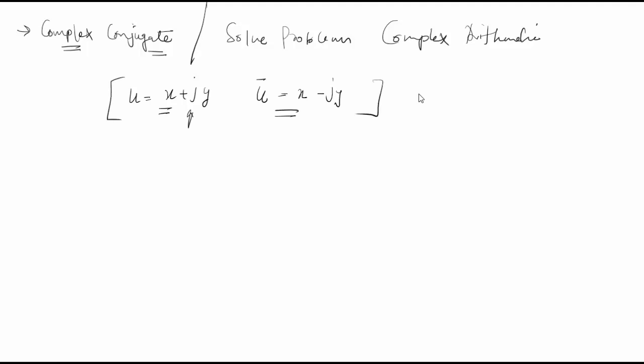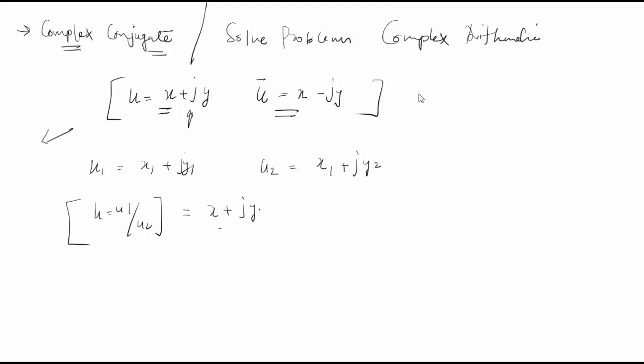And in the last video, when you are doing a product or division of complex numbers, suppose u1 is a complex number given by x1 plus jy1, and u2 is a complex number given by x2 plus jy2. So u is equal to u1 by u2 was the division of the complex numbers, so it will give an answer in the form of x plus jy.